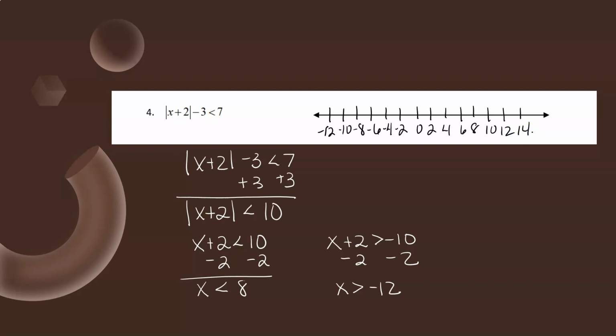Okay, so I have x is less than 8. So open, and we go that way. And x is greater than negative 12, so this is an and, which makes our interval notation negative 12 and an 8. They're parentheses because the ends are open.